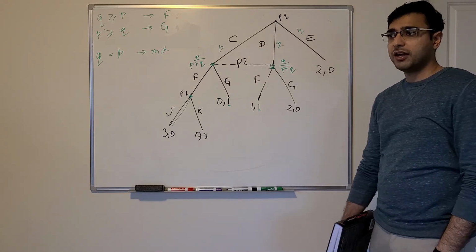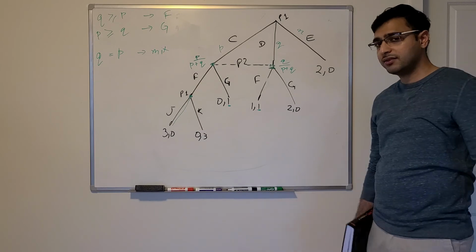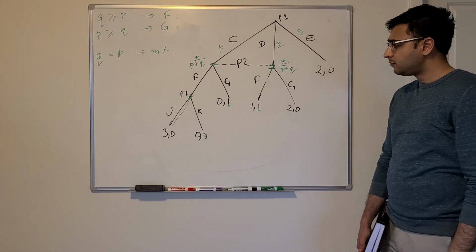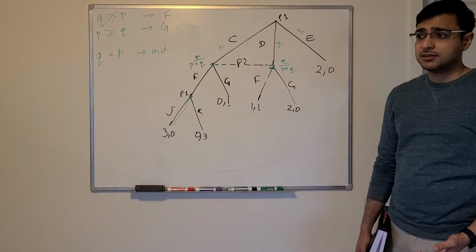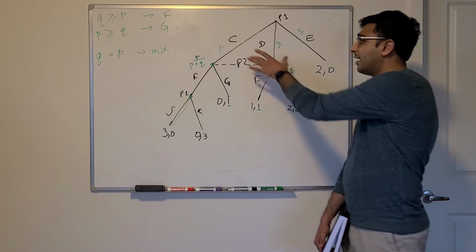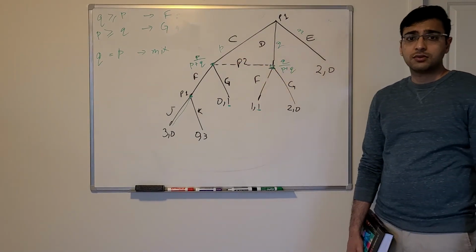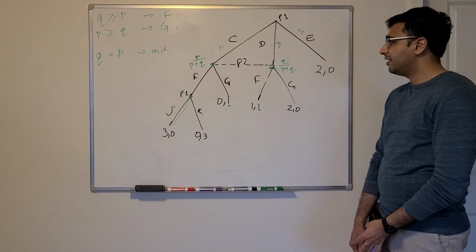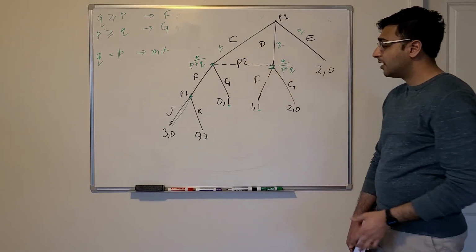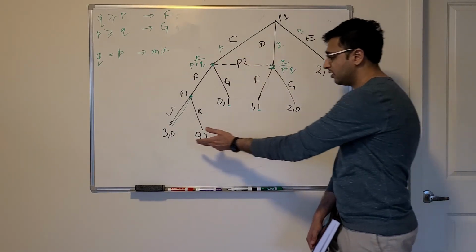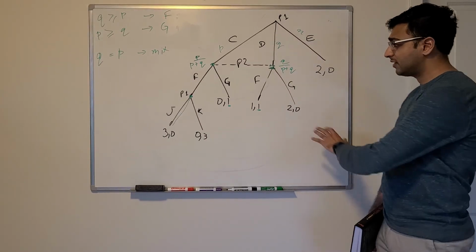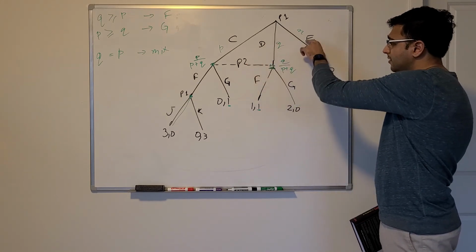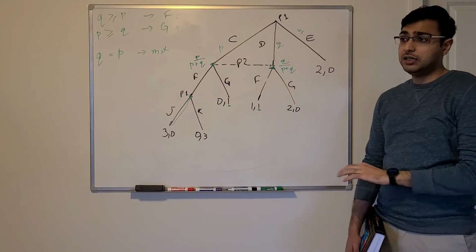So what if player 2 mixes? If player 2 ever mixes, so assigns positive probabilities to both F and G, then for that to be an equilibrium, player 1 would have to set P equals Q. Otherwise, player 2 would not want to mix between F and G. And if player 1 is setting P equal to Q, then player 1's expected payoffs, irrespective of what mix player 2 chooses, from assigning any positive probabilities to C or D will be lower than what player 1 would get by just choosing E all the time.